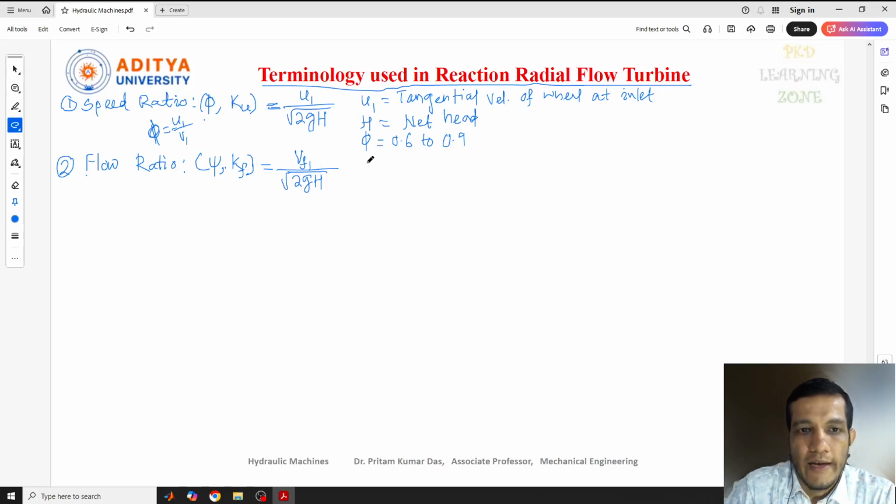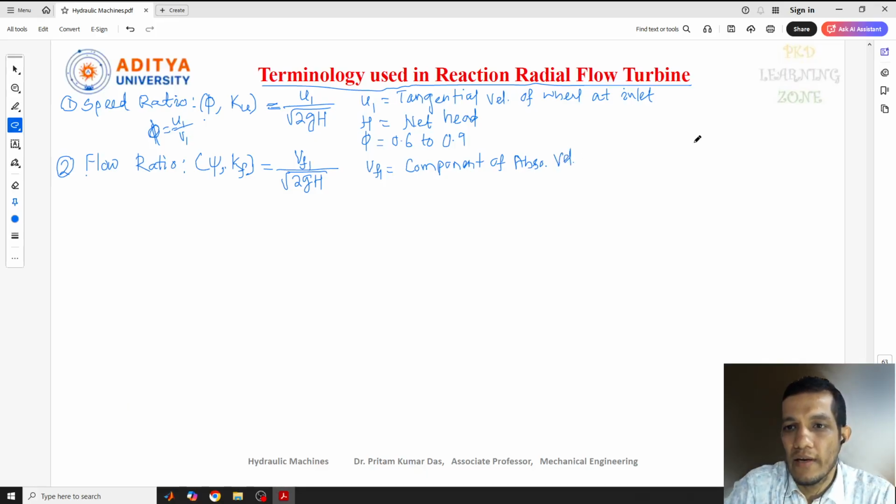Again, Vf1 is the velocity of flow or velocity of fluid, which is the component of absolute velocity in the vertical direction.